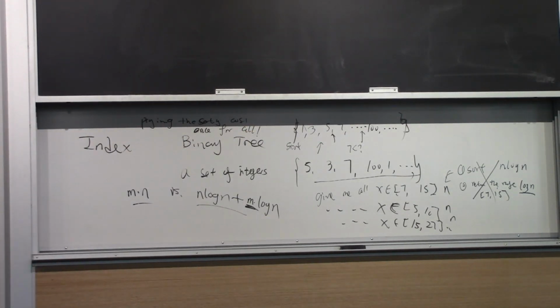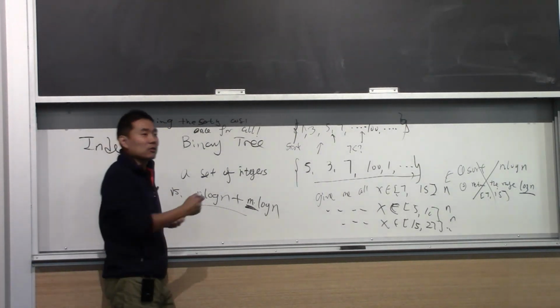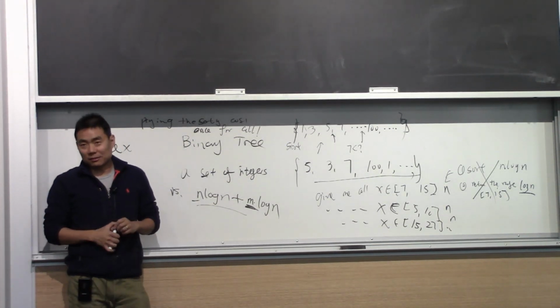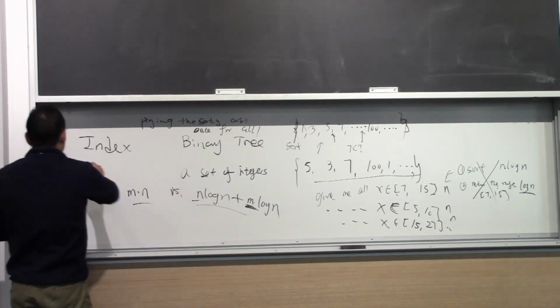You wonder, okay, how big an M makes this meaningful? If you talk about Google, if n is the number of items they have, n is a ridiculous number. This brings up another topic we haven't talked about, which is called external sorting.